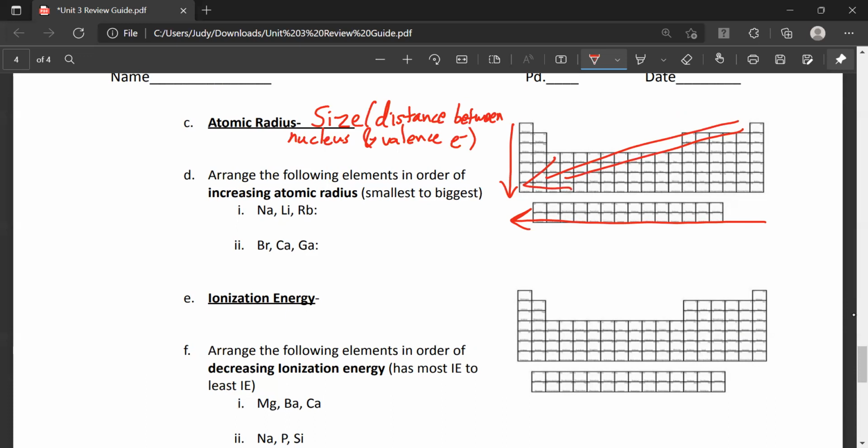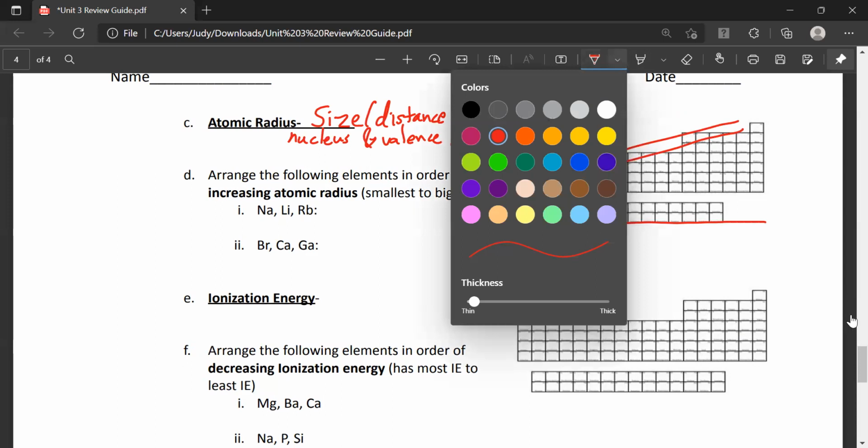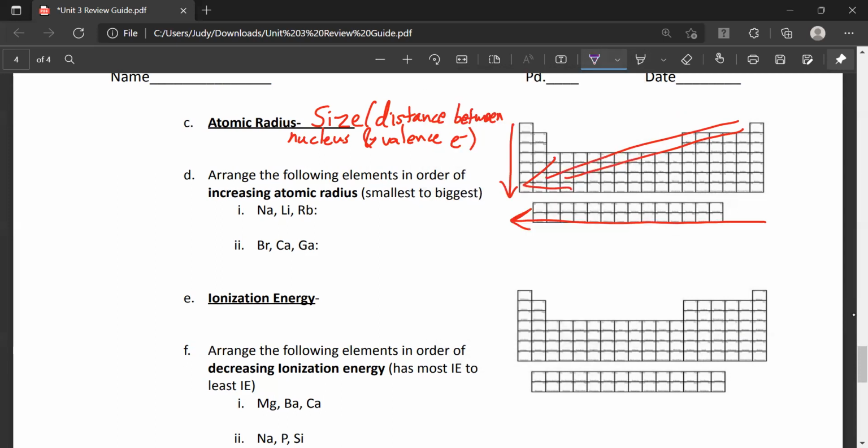Now, the reason why this is occurring is because we talked about each energy level containing the number of circles, or energy levels. So as we go down the periodic table, the circle gets bigger. But doesn't that mean it increases to the right because it has more electrons? Well, technically, if you guys remember, left to right has the same number of energy levels, which means the same number of circles.